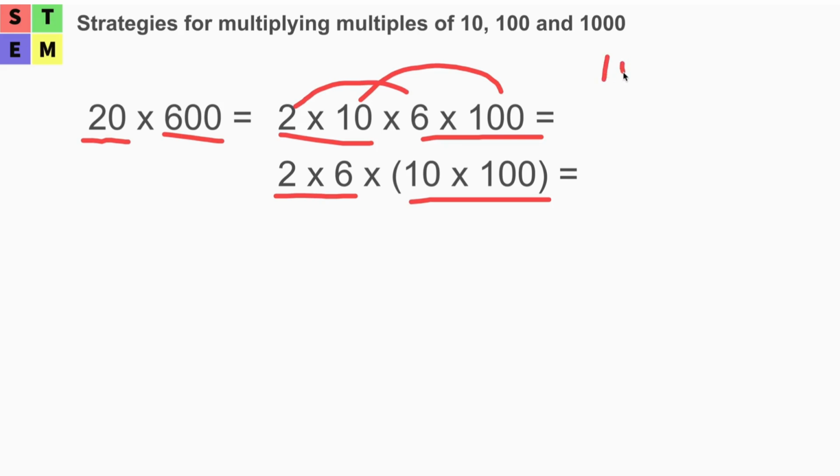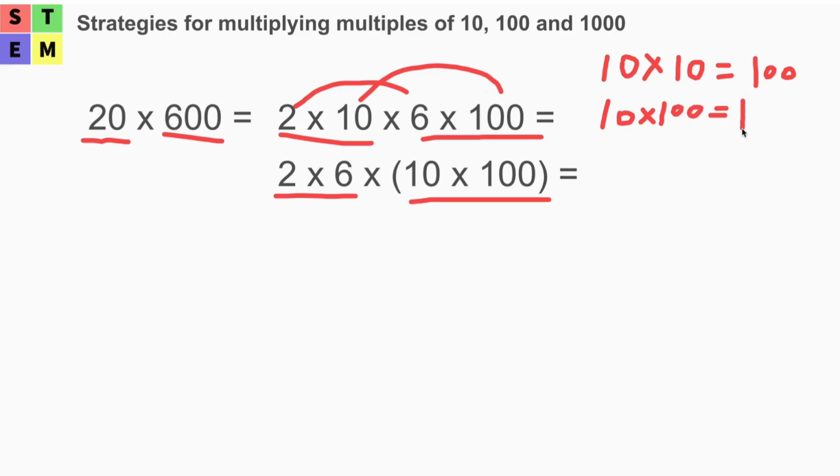So 10 times 10 is what? Equals 100, right? And we have 10 times 100 equals what?